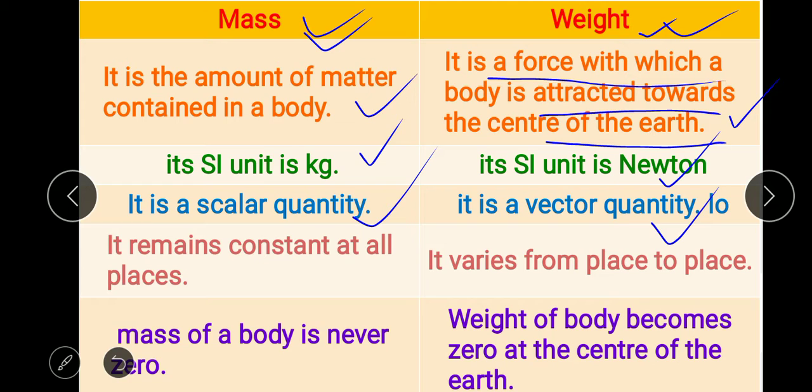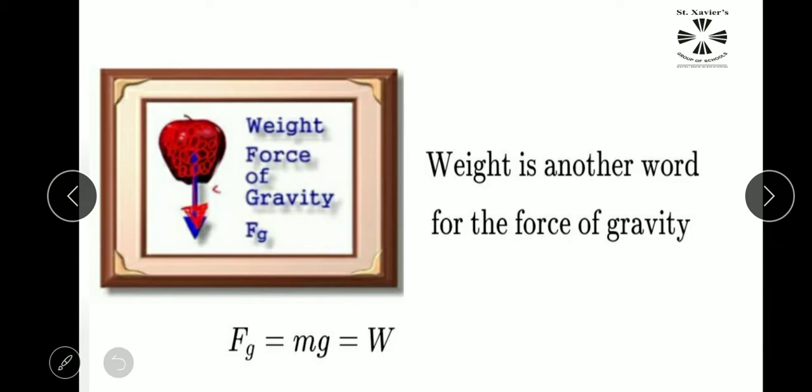Now mass remains constant at all places, whereas weight changes from place to place. Now you will say why weight changes from place to place. When you see the last slide, force is equal to mg, that is, weight is equal to mg.